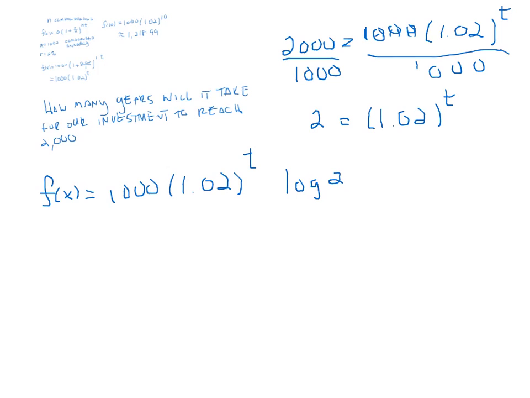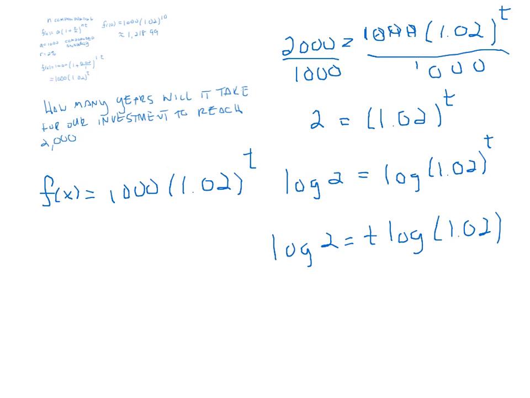Take the log of the left-hand side, and that'll give me the log base 10 of 2 is equal to the log of 1.02, all raised to the t. Now, at this point, I could pull down the t out of the exponent as a multiple, and I get the log of 2 is equal to t times the log of 1.02.